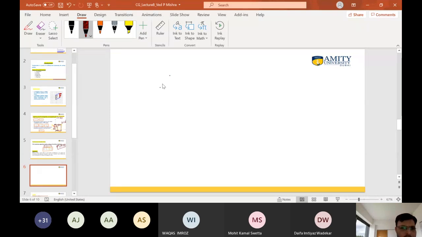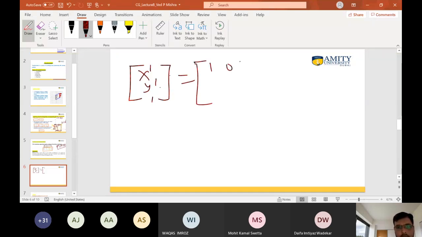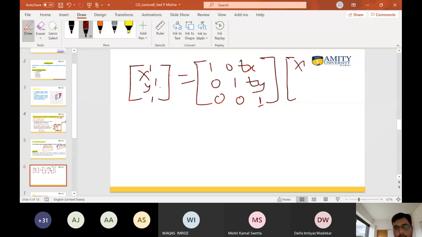The matrix is x dash y dash 1 equal to 1 0 tx, 0 1 ty, 0 0 1, and then you have x y and 1.